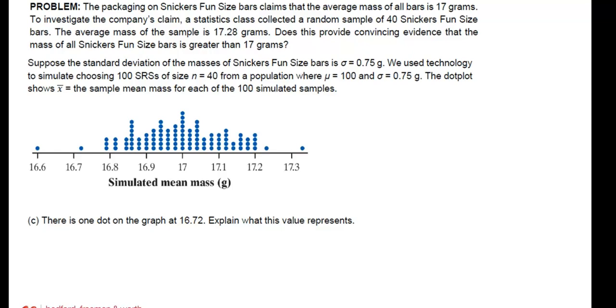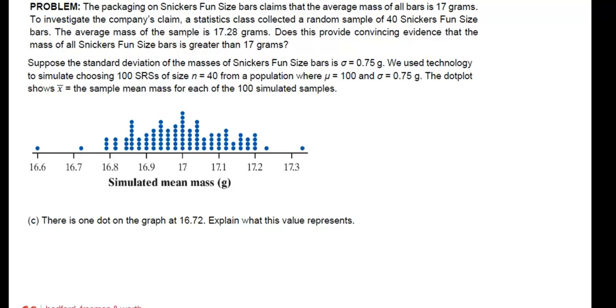Part C, so they actually did a simulation. They used technology to do samples of size 40, and they found the mean of each of those samples of size 40 for 100 simulated samples. This is not the full sampling distribution because they only said 100 simulated samples. They didn't say every possible sample of size 40, and I think there'd be a lot more than that if that was the case.